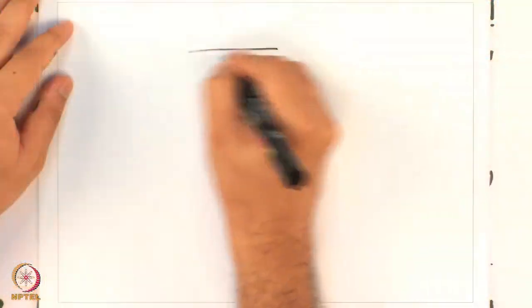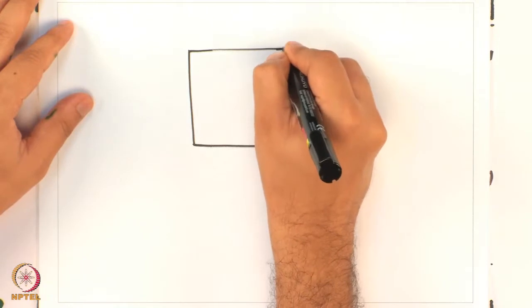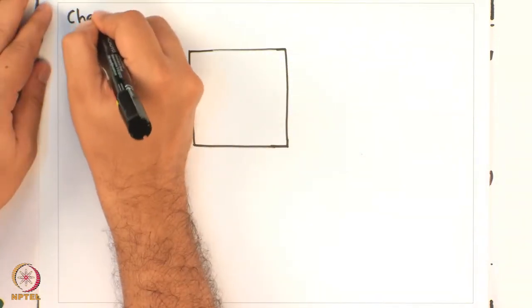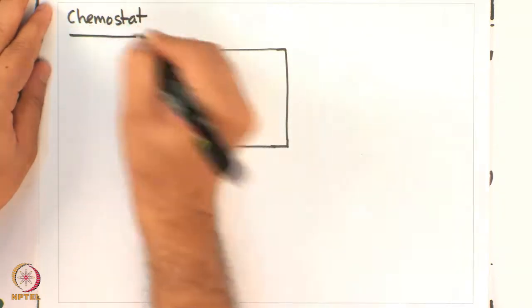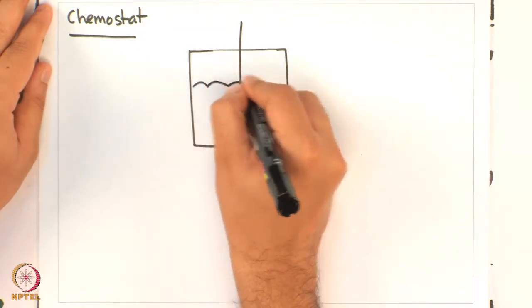Okay. So, the second way you do these experiments is using something which is called a chemostat. So, a chemostat is essentially just a stirred reactor.